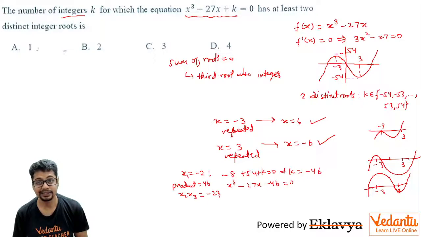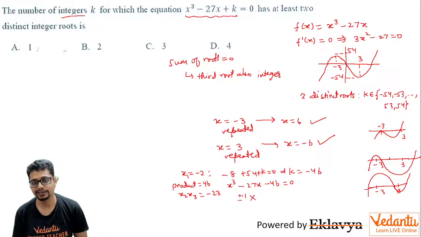And 23 is a prime number, right? So here 46 is the product of roots. But if you see carefully, since we are interested in integer roots and minus 2 is one of the roots, one more root should be an integer. In fact, both other roots should be integers, as we concluded in the beginning. So plus 1 and minus 1 don't satisfy this equation anyway.